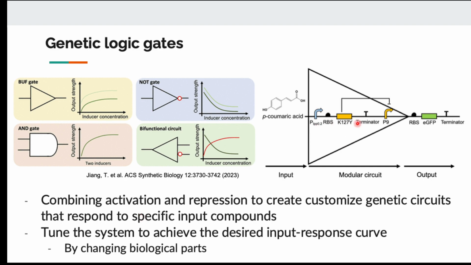So for example, if you want to activate a certain gene with a certain compound, there are two possibilities. Do you want this gene to be expressed all the time, or do you want this gene to be silent until you activate it?